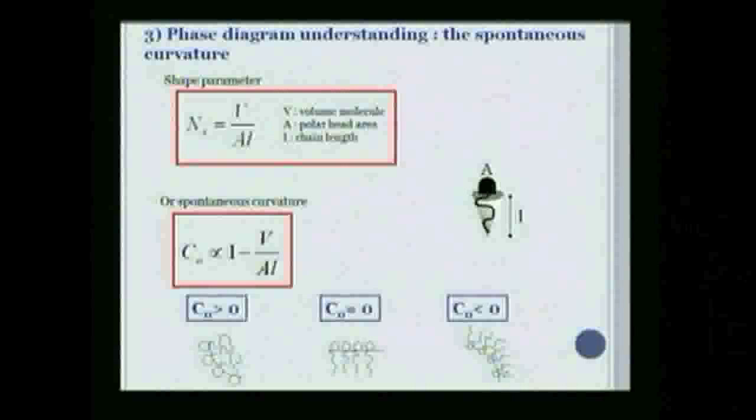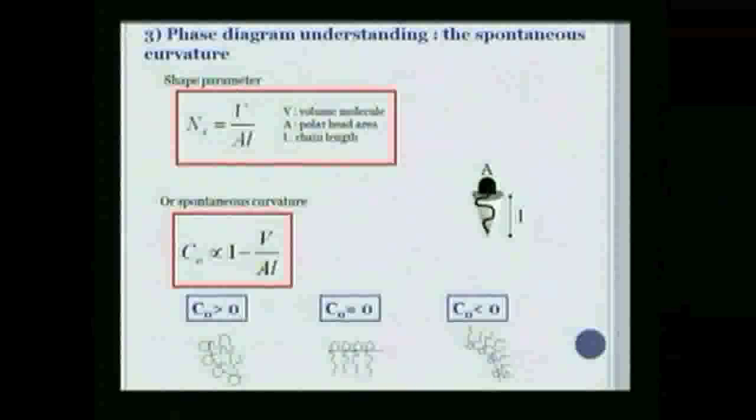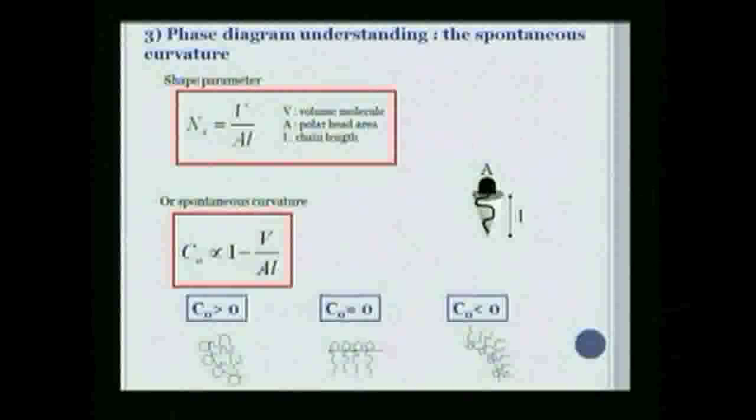a shape parameter. This parameter is defined as V, the volume of the molecule. Mainly, this is the geometrical representation of a molecule. So you see that here you have the area.